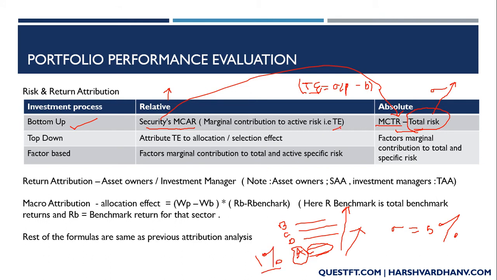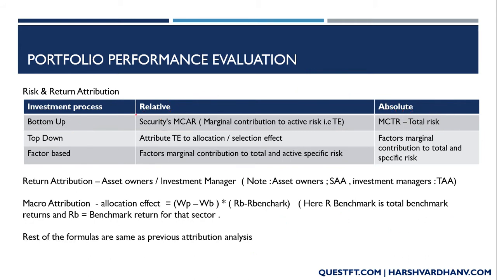And when you see the absolute, what is the total change in the standard deviation if I increase the security percentage by 1% or decrease it by 1%? Got it? So it's basically the impact on the tracking error due to change in the position of a security for relative, and the impact on the standard deviation due to the change in the position of a security for absolute.